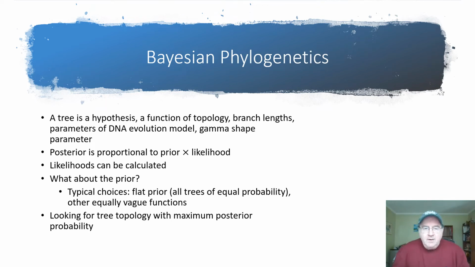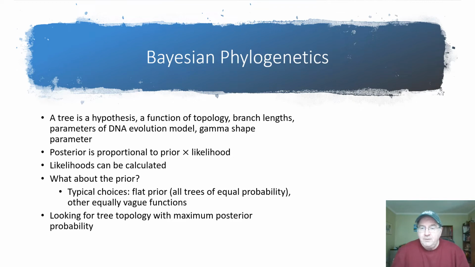between all of the OTUs, all of the species that you're studying, the length of the branches from one node to the next, or to the OTUs themselves, how long those branches are, the parameters of the DNA evolution model that you've chosen. So you've got numerous DNA models you could choose from, and the values of the parameters that you have for each of those. Those are all subsidiary hypotheses.